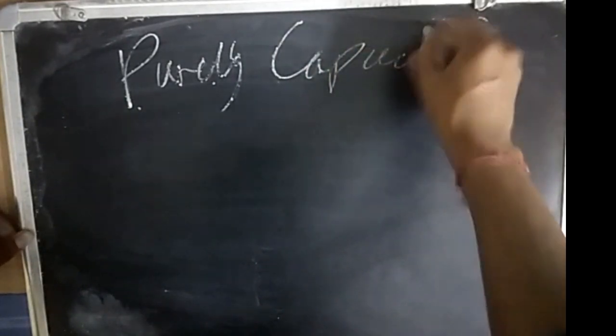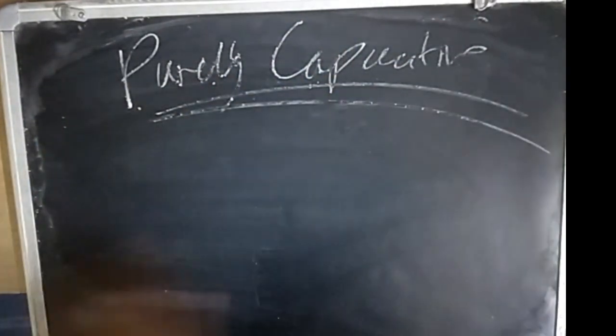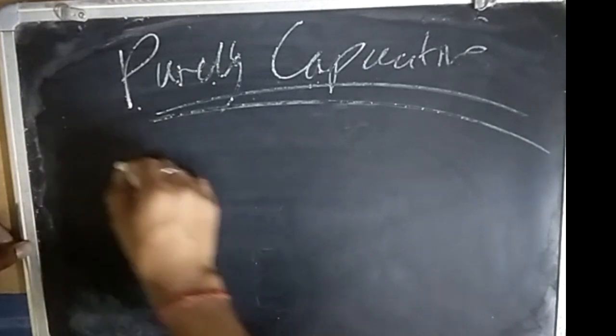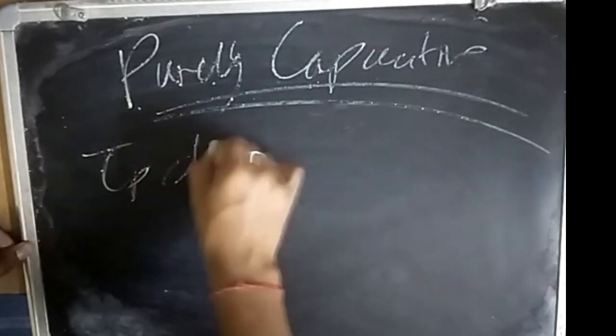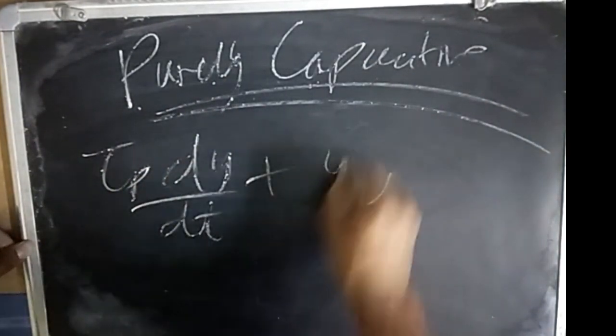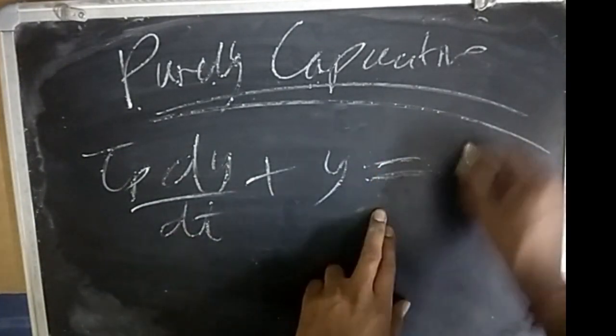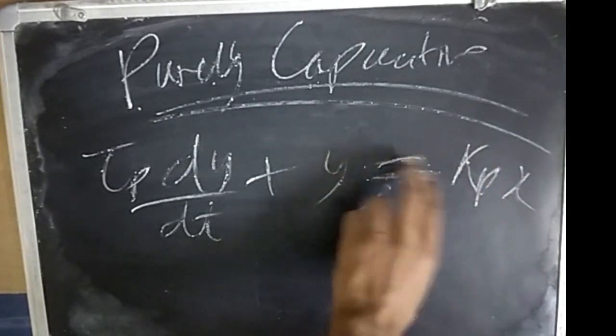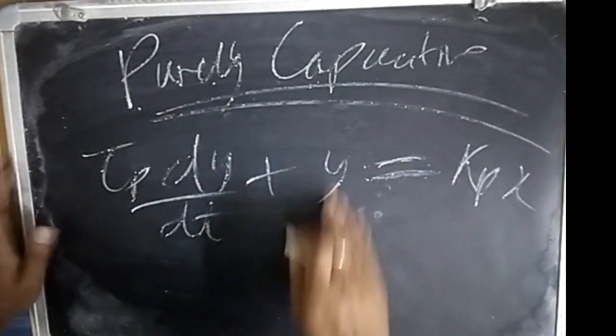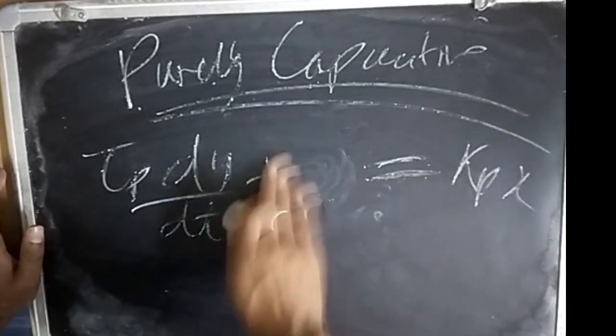Next thing is the purely capacitive system. What does this mean? This means that here, like I have written tau_p dy by dt plus y is equal to Kp into x. This is okay, but what will happen if this y term is 0?